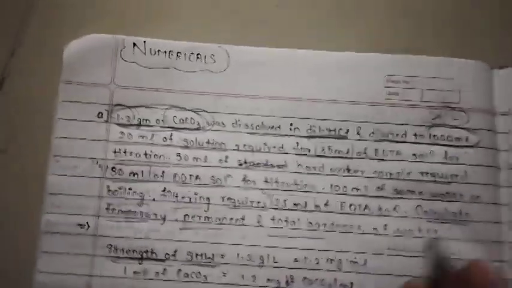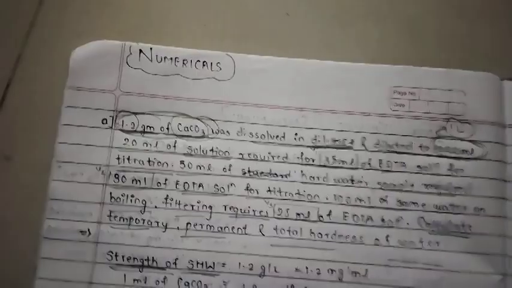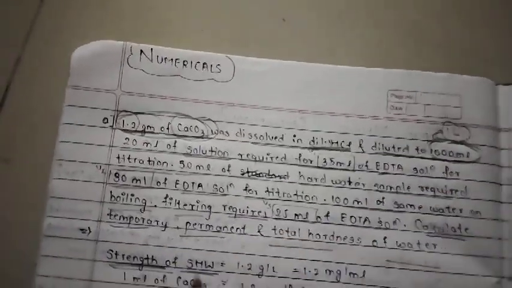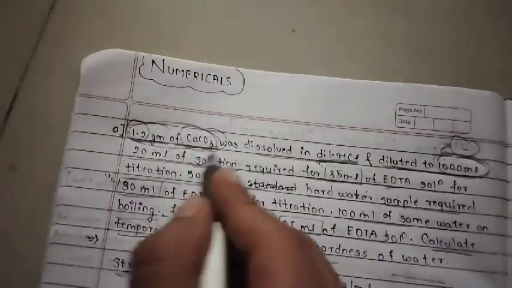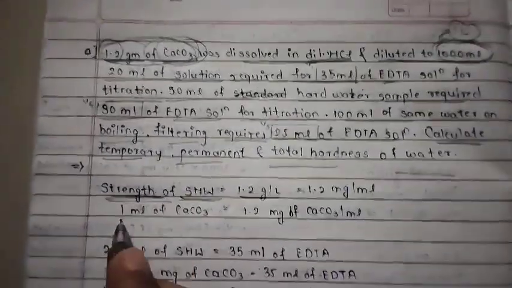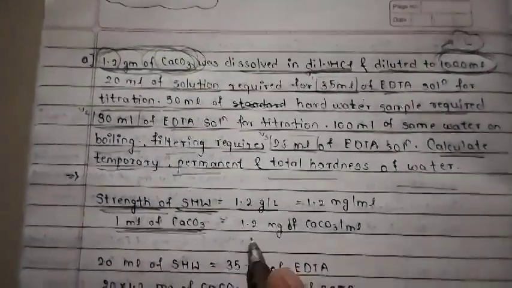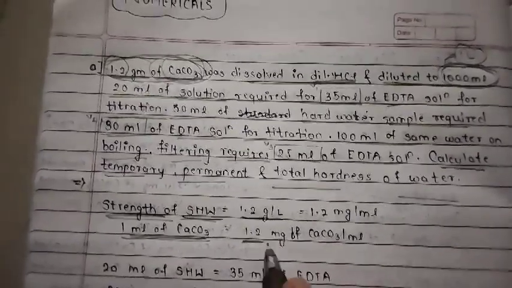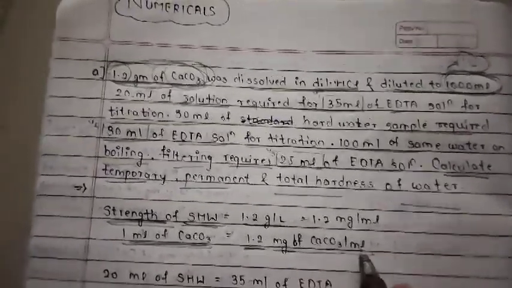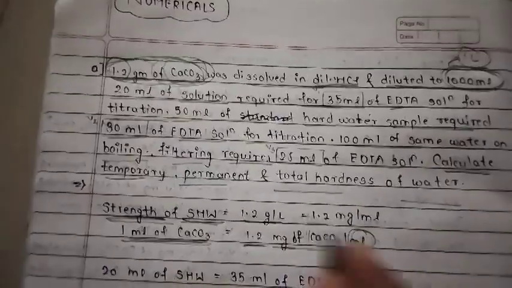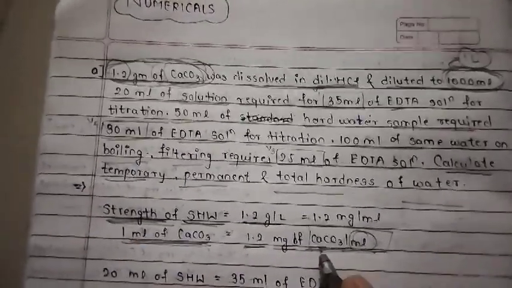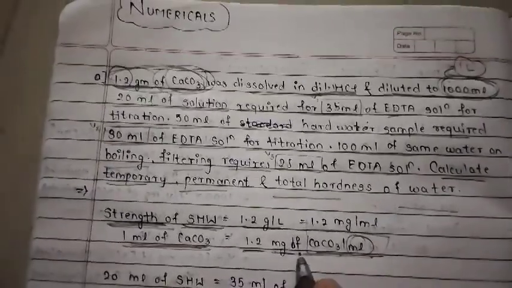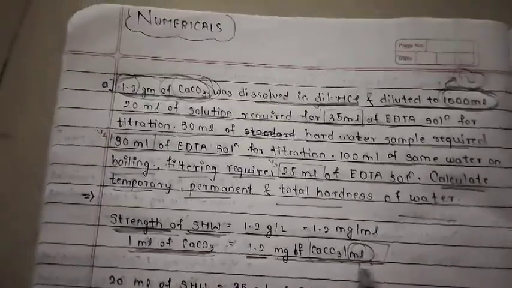So here the question itself is saying that 1 liter of standard hard water requires 1.2 gram of CaCO3. It means 1 ml requires 1.2 mg of CaCO3 per ml. Guys, please note down the unit of strength, that is mg of CaCO3 per ml.